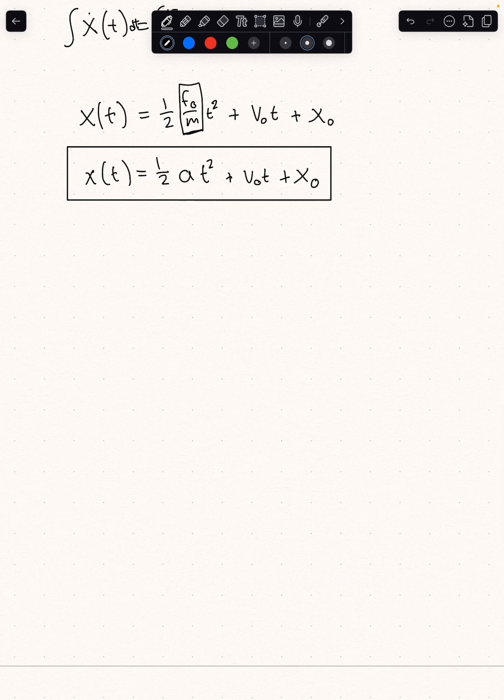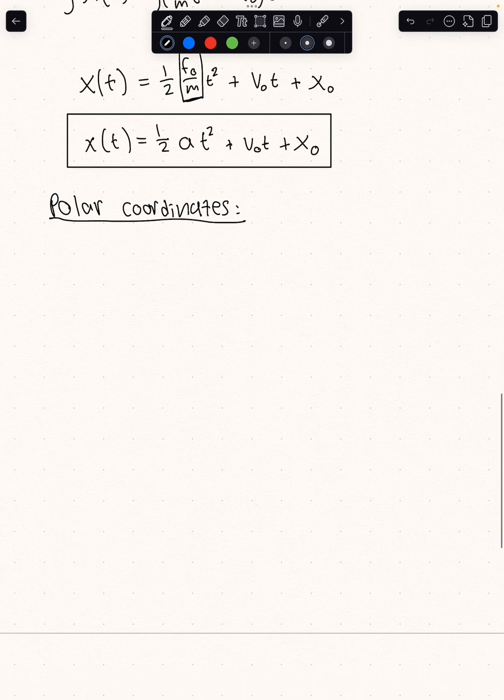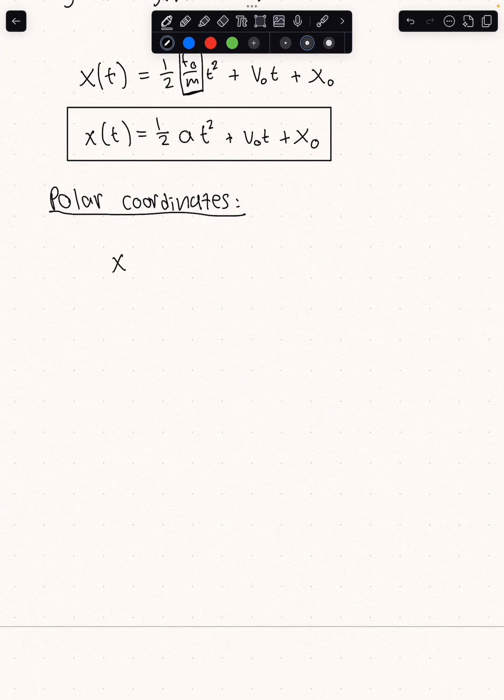So to start off, here we go. Polar coordinates. I'll show you the conversion between the two here. X is going to be r cosine of the angle phi.